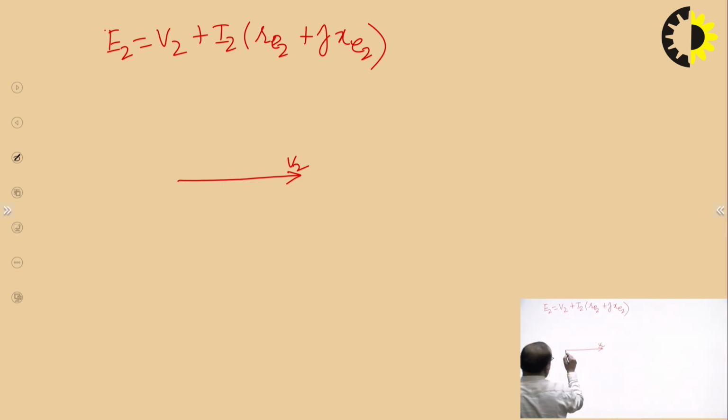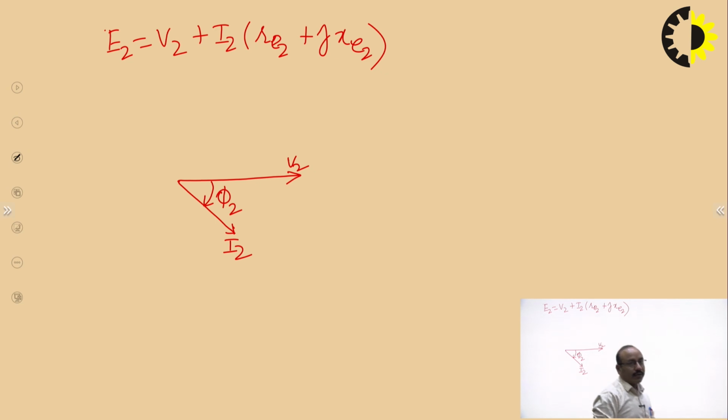So, I2 will be here, lagging by some angle from V2. Suppose this angle is phi 2. This is the lagging angle. Cosine of this angle phi 2, that is cos phi 2, is known as the power factor of the load, and that will be a lagging power factor since the load current I2 is lagging by angle phi 2 from the load voltage V2.